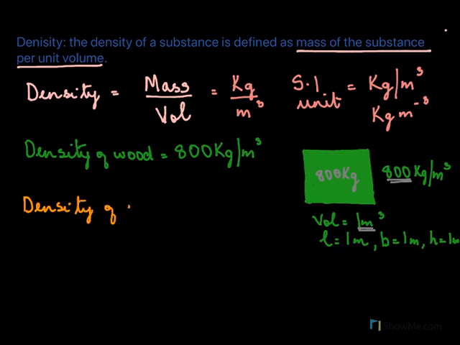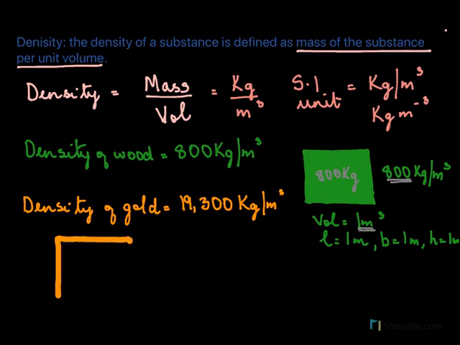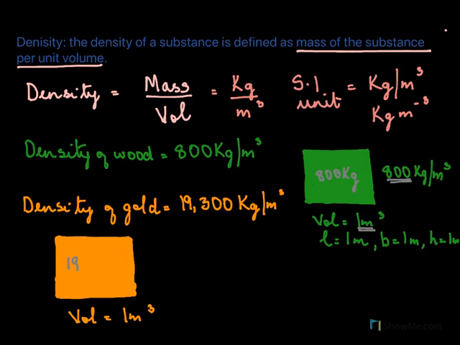The density of gold is 19,300 kg per meter cube, which means if I take a block of gold having 1 meter cube volume, its weight will be 19,300 kgs.